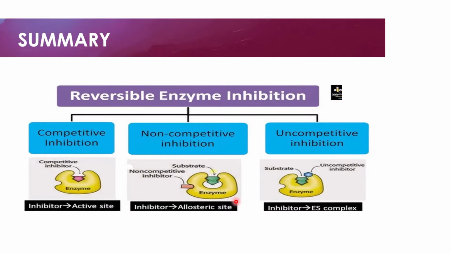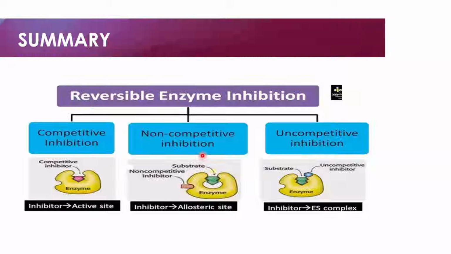So in summary, we have three main types of reversible enzyme inhibition. And these are the competitive inhibition, non-competitive inhibition, and uncompetitive inhibition. In the competitive inhibition, the inhibitor binds to the active site of the enzyme.